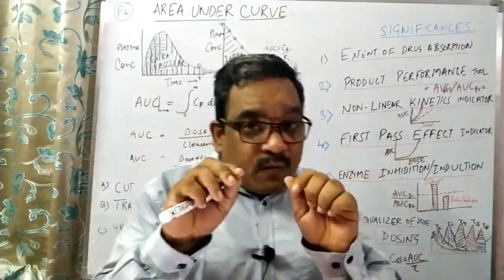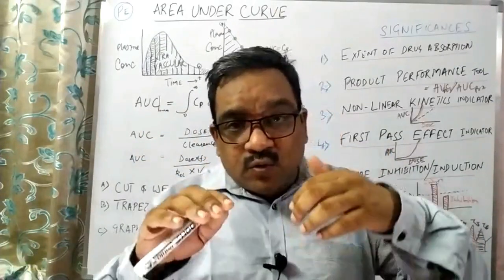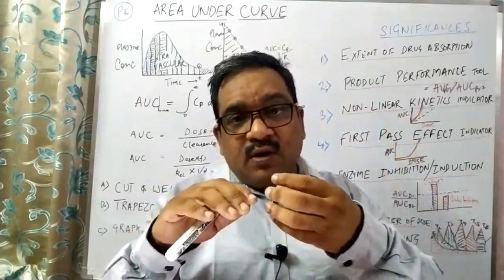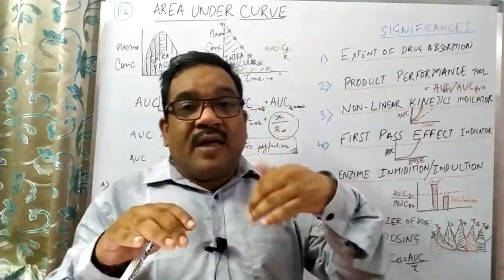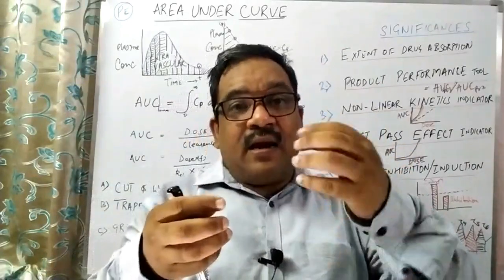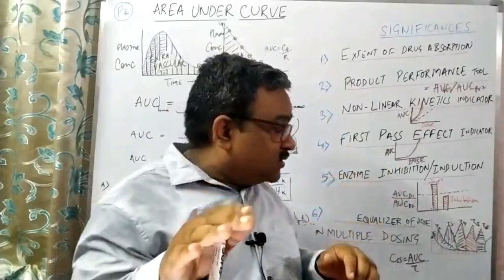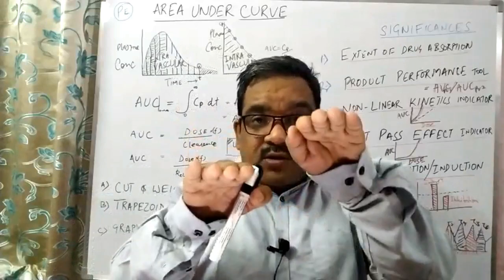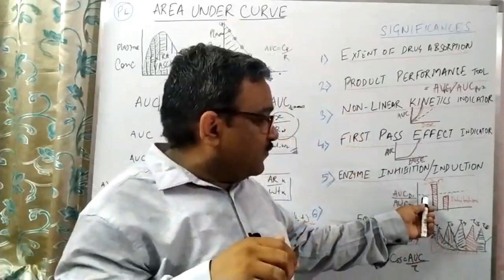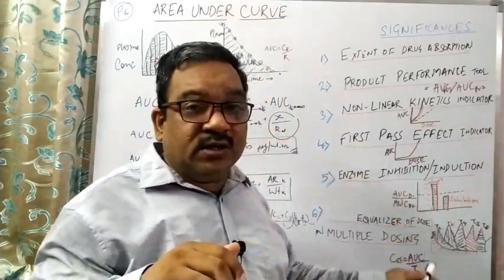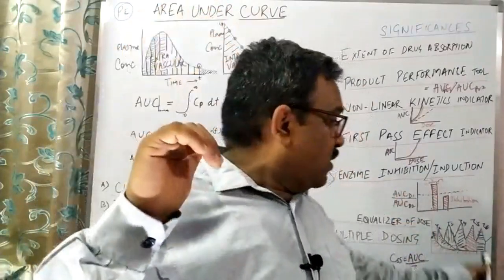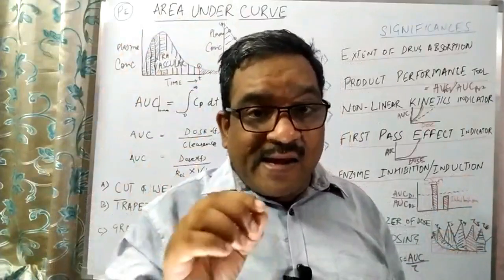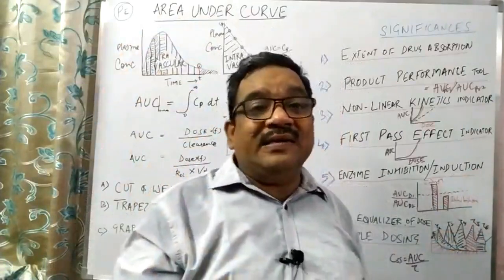But what happens if the second drug is affecting the metabolism of the first drug, either as an enzyme inducer or as an enzyme inhibitor? In that situation the drugs are affecting each other. So in case of drug induction, the AUC ratio is significantly changed, while the AUC ratio is significantly decreased if one of the drugs is inhibited.